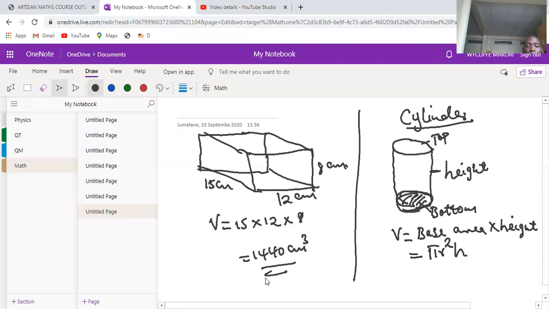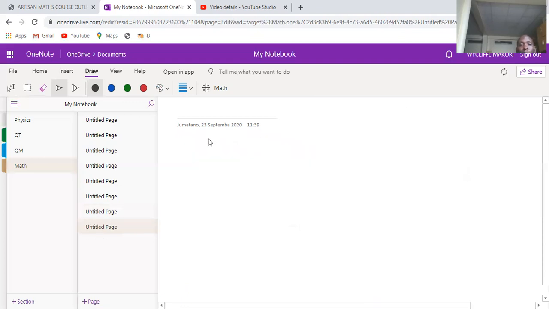So if you are given a cylinder of that nature, and you are told to compute its volume if the radius of the top is 12 centimeters and the height is 21 centimeters.